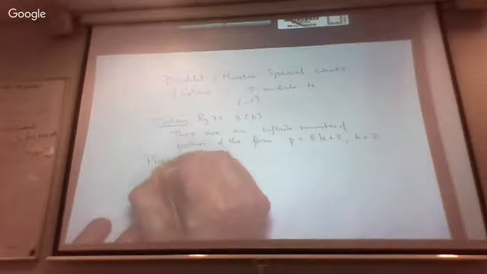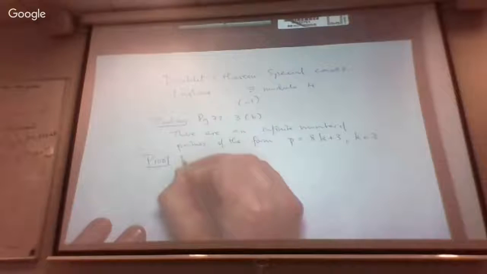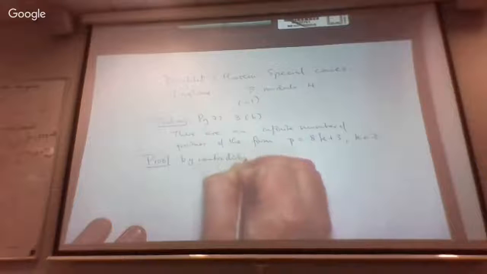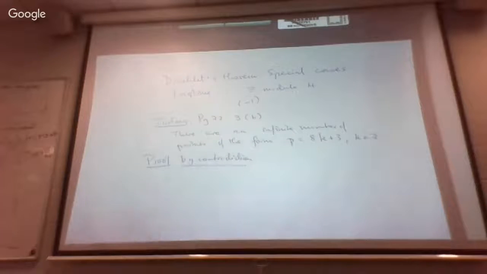So here's the proof of it. It's a proof by contradiction, which is a good proof technique. It gives you a strong assumption to start with, because you're assuming that the result is false.